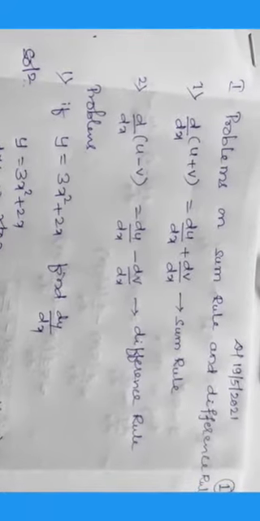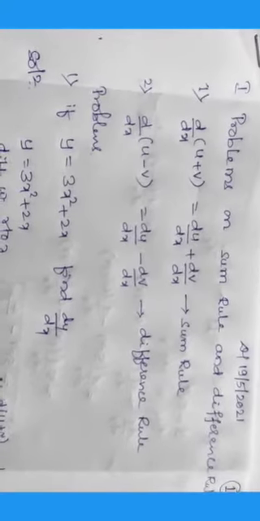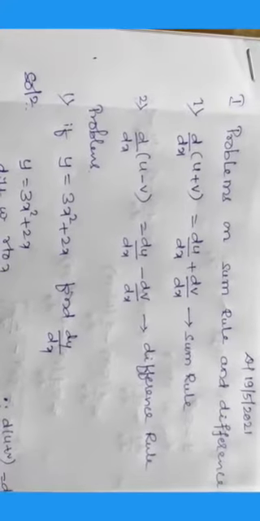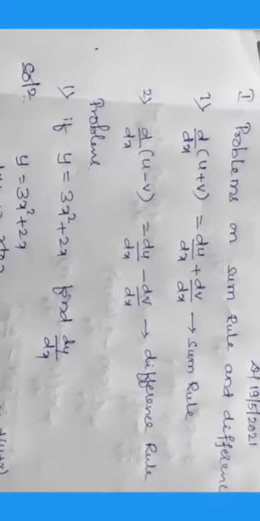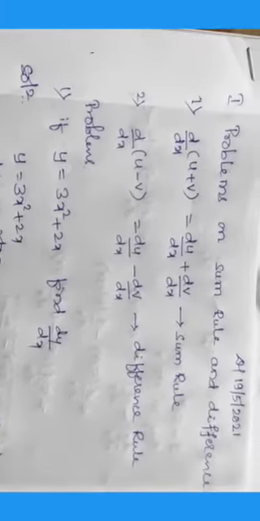Separately, sum is there, u plus v is there, that's why you are taking du by dx plus dv by dx separately. This is called the sum rule. And the difference rule: d by dx of u minus v equals du by dx minus dv by dx. It is the difference rule. Using these two rules, we solve some problems for 1 mark.